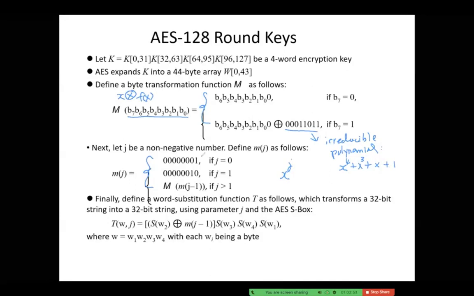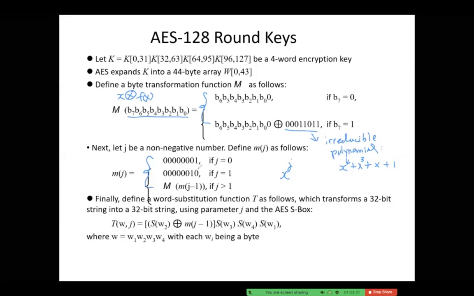So again, for this S_j, you apply this capital M because x multiplies itself j times. If j is 0, that's just the number 1 because x to the 0 is 1. If j is 1, it's just x itself.